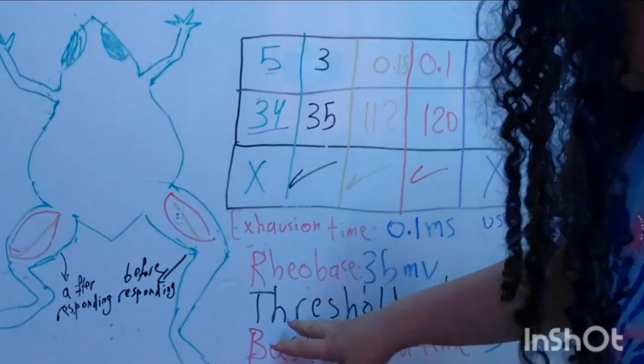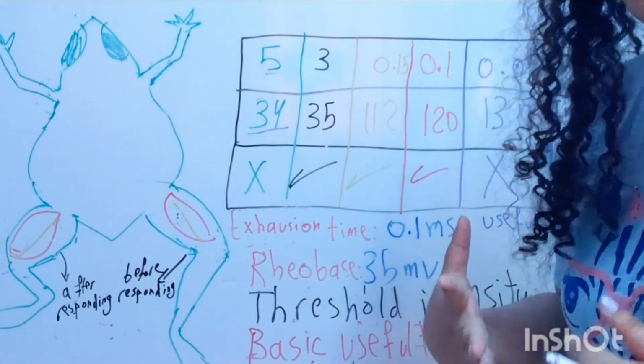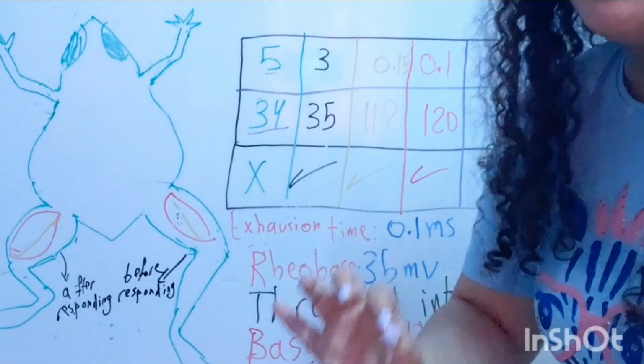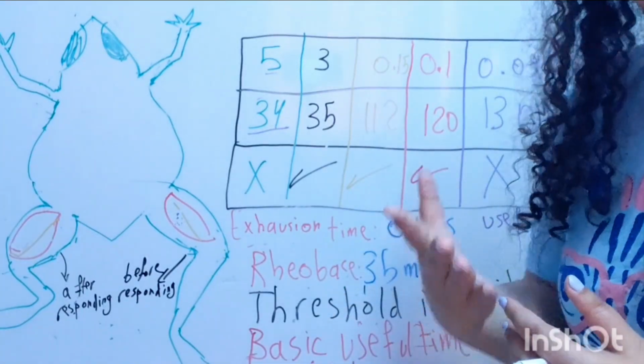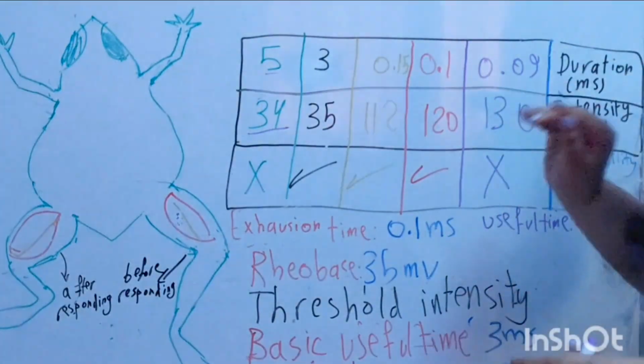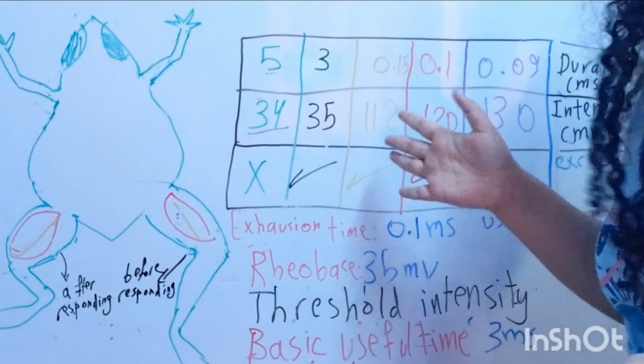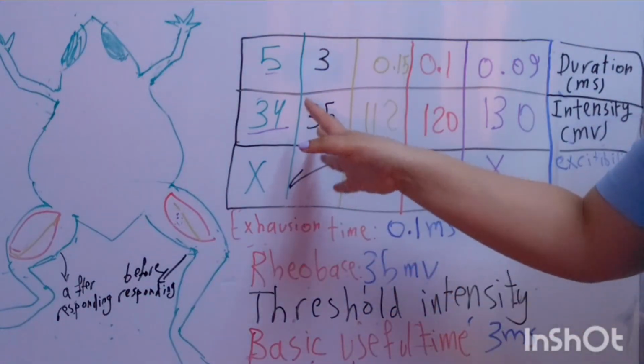But on the other hand, threshold intensity is the intensity that we need in order to achieve the excitability when we specify an exact time or an exact duration. For example, when we decide that the duration that we want is 3 milliseconds, then the threshold intensity is 35.